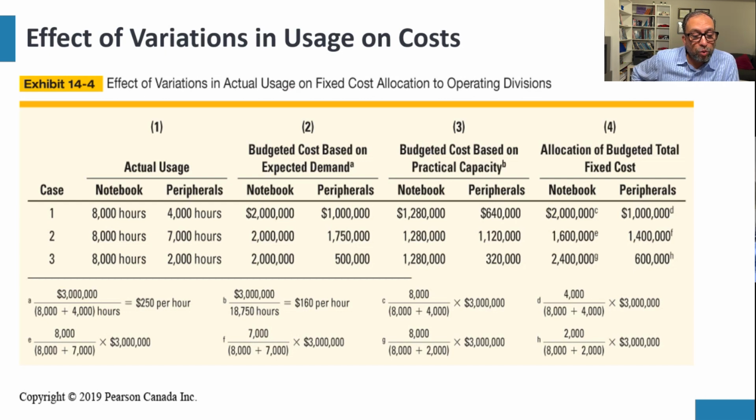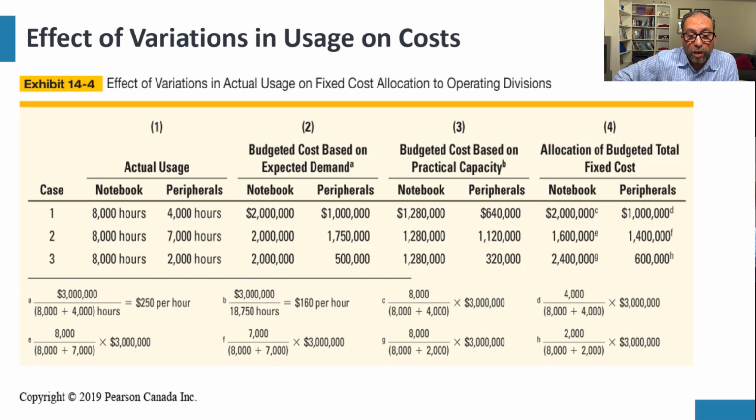Then we use the hours again on the basis of this capacity rate per hour. And we see that this is again the same, there is no change, but the usage is changing quite a bit from one scenario to another.